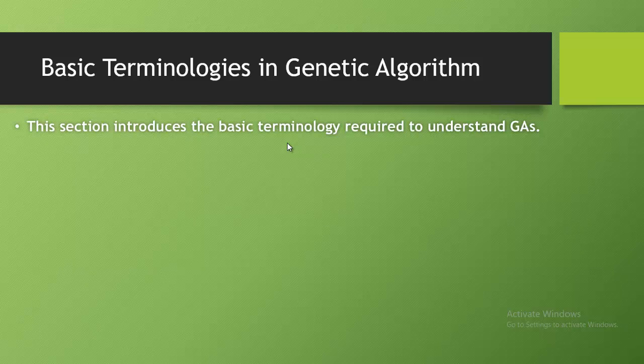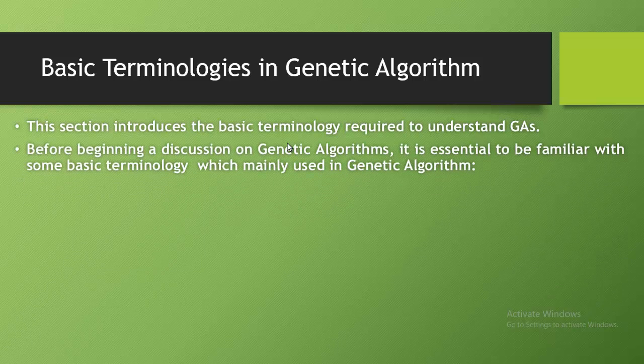When you are going to study genetic algorithms, you have to define and remember the terminologies which are normally used when you are talking about genetic algorithms. So let's see which are the basic terminologies. The following is the list of terminologies.